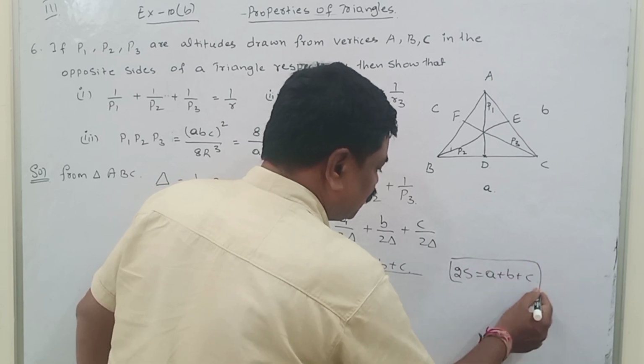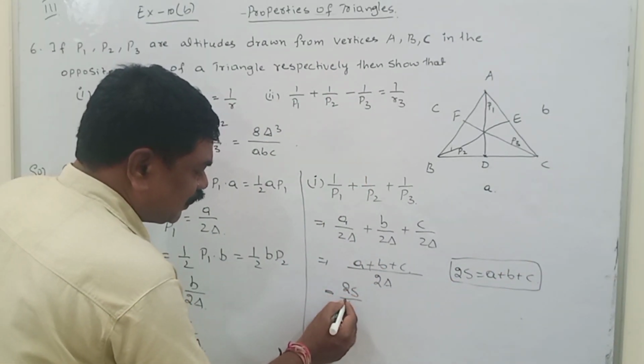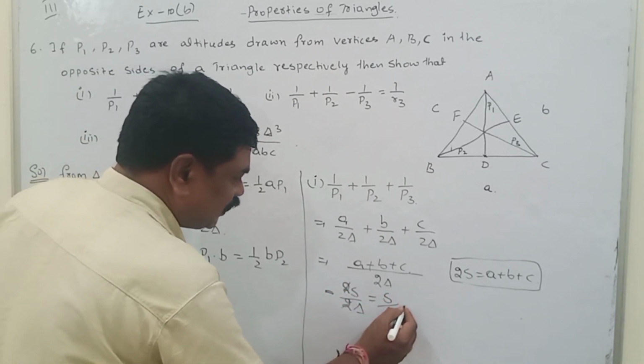We know this one, the perimeter of the triangle. So 2S by 2 delta. The 2 cancels. S by delta.